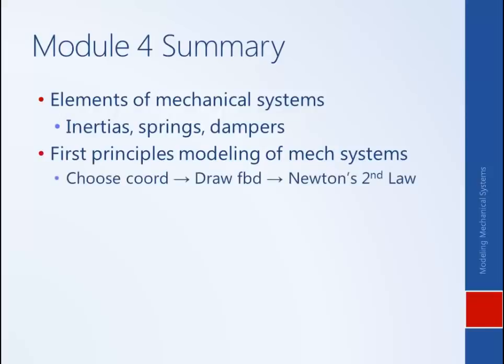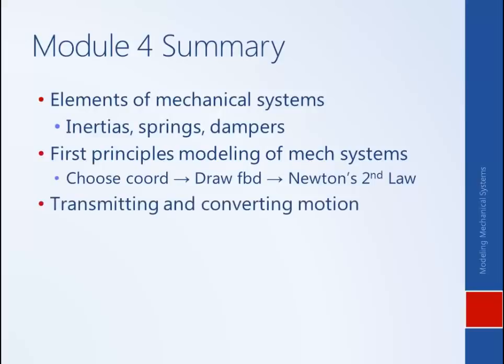The approach we used was to first choose a coordinate system and orientation, and define any assumptions that we are going to make in the modeling of the system. We then drew the free body diagram, the FBD, and then applied Newton's second law, sum of the forces equals mass times acceleration, in the case of a translational system, to derive the governing equation, or the rotational analog, sum of the moments equals J alpha.